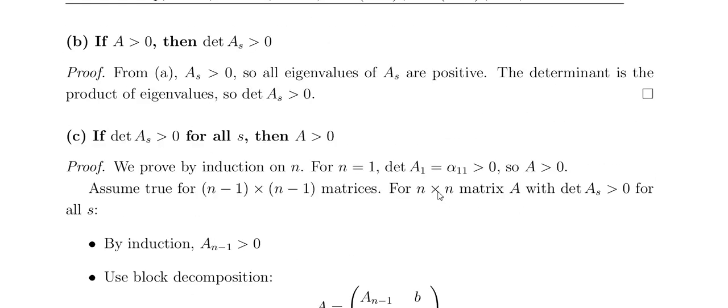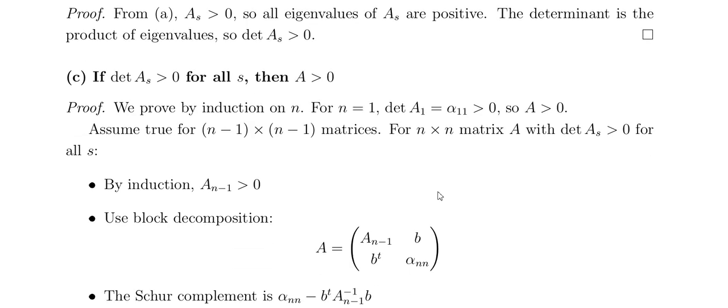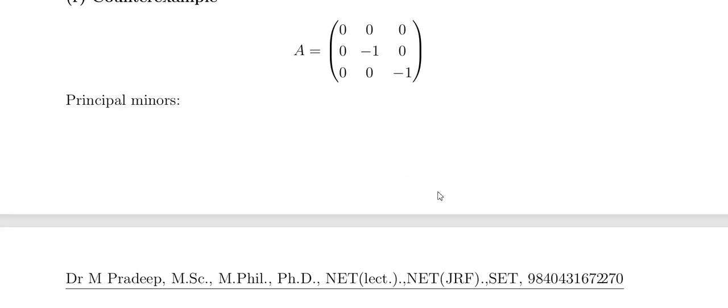And if determinant of A is positive, then determinant of AS is also positive. Determinant of AS is positive for all S, then A is positive. This is our result. This is the counter example.